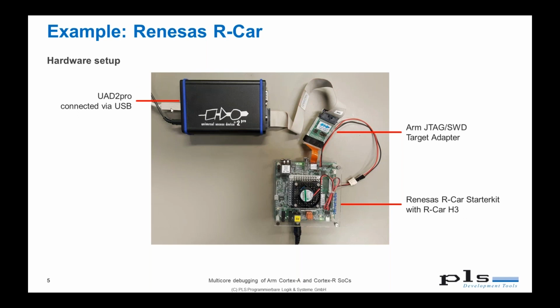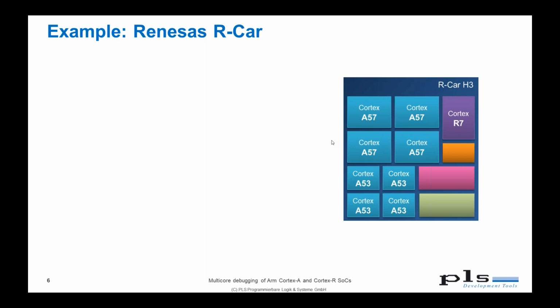The debugger device, the UAD2 Pro, can also be used together with other architectures like Power Architecture or AURIX or Infineon TriCore devices without any changes to the hardware itself. Only the adapter is target-specific here. Okay, the software architecture of the example is split in two parts.